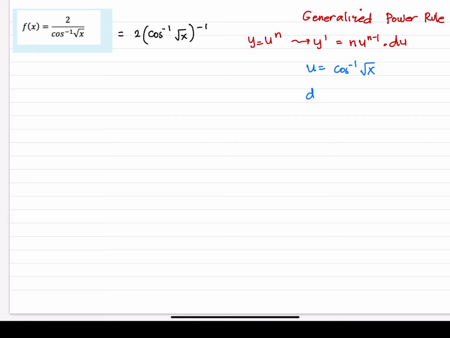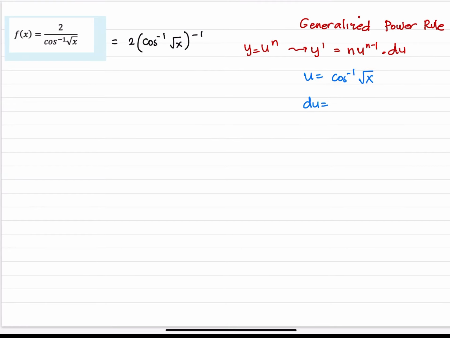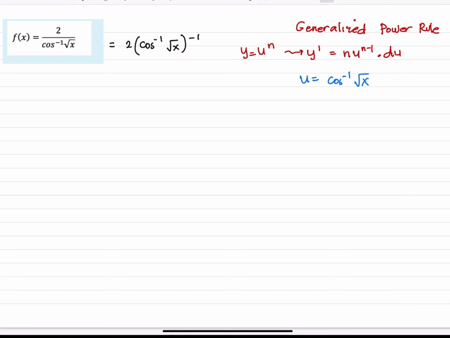So to differentiate our u, use one of the rules in differentiating an inverse trigonometric function. Take note that our u here is an inverse trigonometric function. So to find du, we have to use the formula for arccosine, which is negative 1 over the square root of 1 minus x squared.